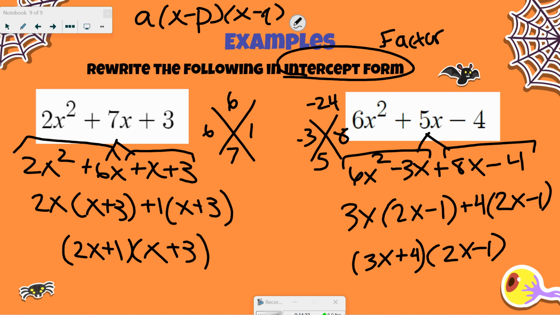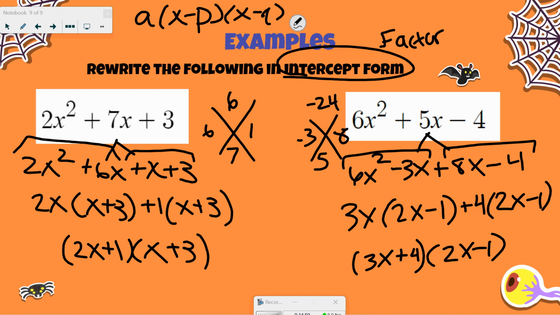So looking at our first example here, my second factor looks good, right? I have x plus 3, so that coefficient there is 1. Over here I have 2x plus 1. So if I want this just to be 1 right here, I would have had to factor out what value in here? 2.